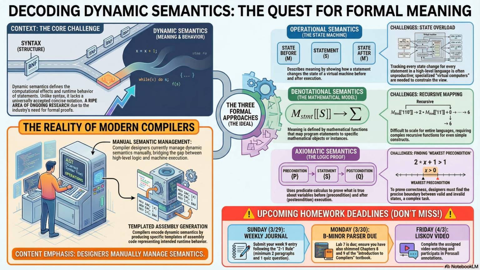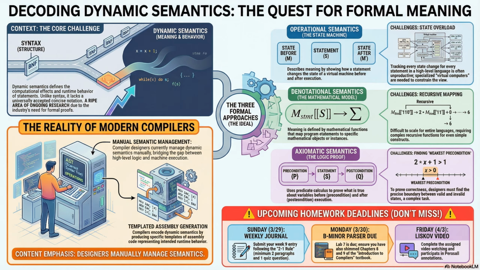We have seen historical bugs where perfectly valid C code was compiled into machine code that silently dropped security checks, just because the compiler misunderstood the dynamic semantics of some weird edge case. And that is exactly why finding a universally accepted automated way to formally encode dynamic semantics is still a massive unsolved frontier in computer science.